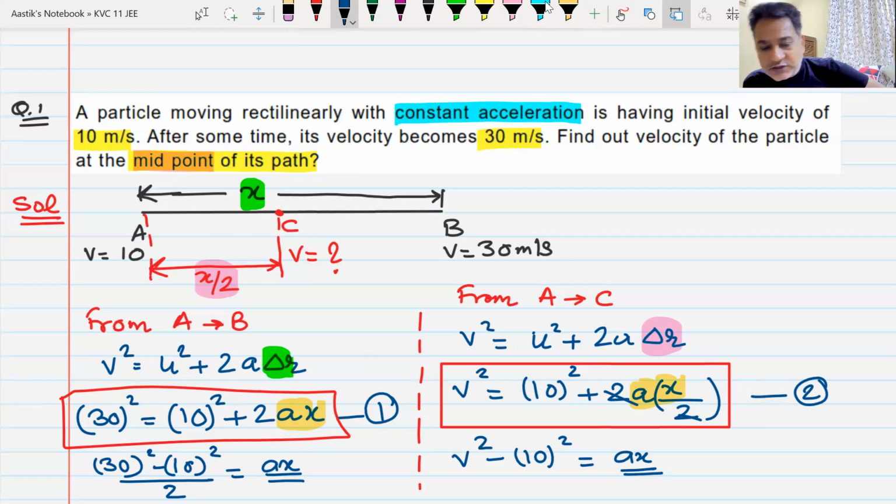Solving both the equations, or dividing 1 by 2, we should be able to get the value of v, because a and x will get cancelled as we are substituting them.